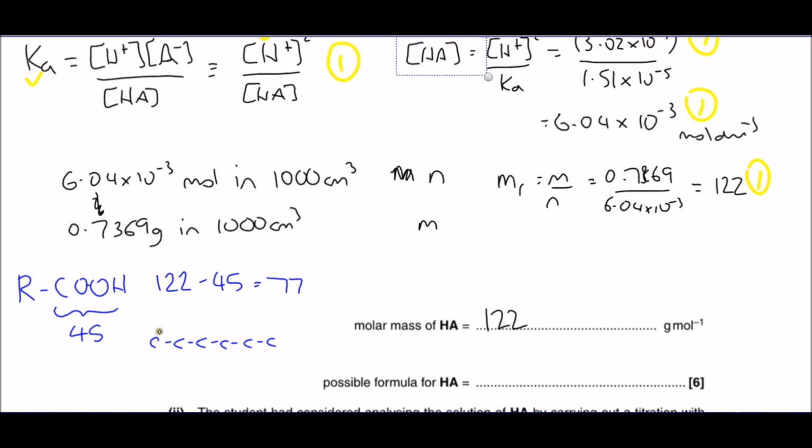Then if I put the hydrogens around that, it's going to take me a while. Then I'm going to check by adding that up. So 6 lots of 12, and then I've got 13 hydrogens. If I add that all together, I get 85, so that's too much.